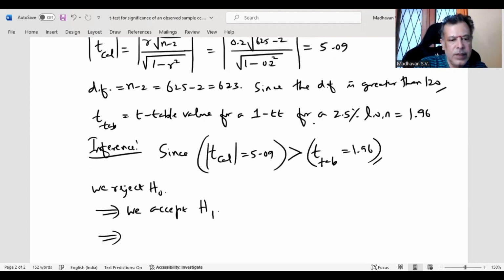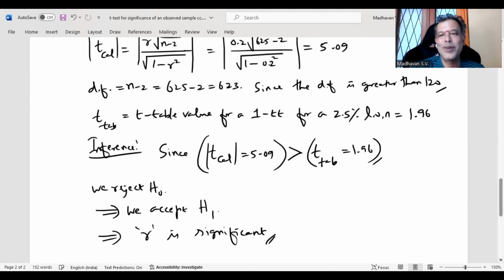We say r is definitely significant. So that is the solution for this question.